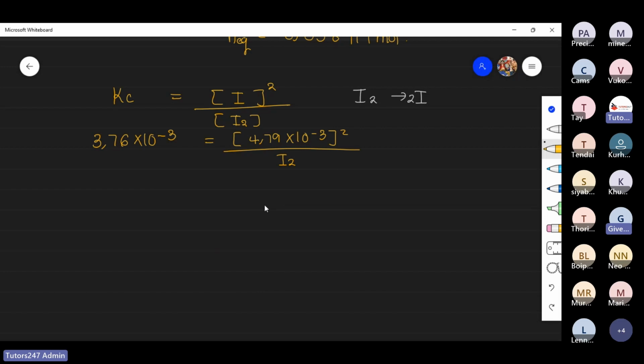We now need to find the concentration of I2. So to get the concentration of I2, we're going to say 4.79 times 10 to the power negative 3 squared all over 3.76 times 10 to the power negative 3. Now put this into your calculator.